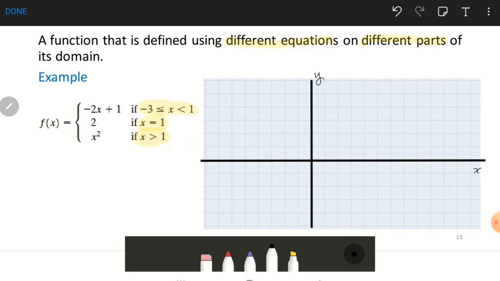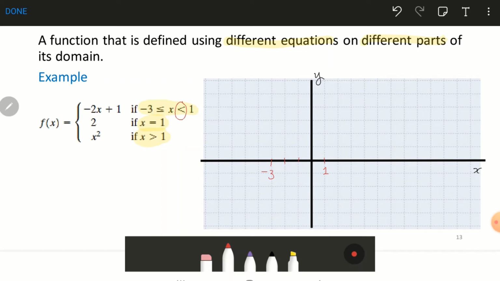Now I'm going to do the first part of the domain with the red pen. Our first part of the domain starts from -3 until 1. Be careful here, 1 is actually not included.